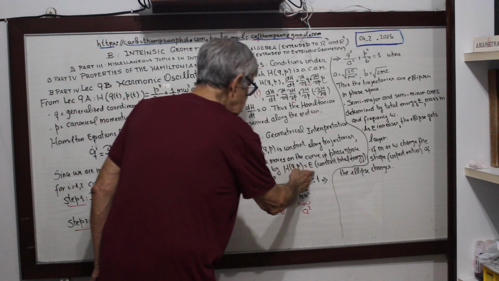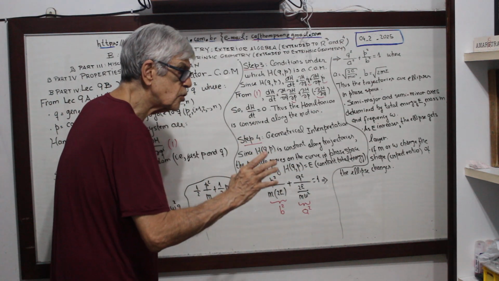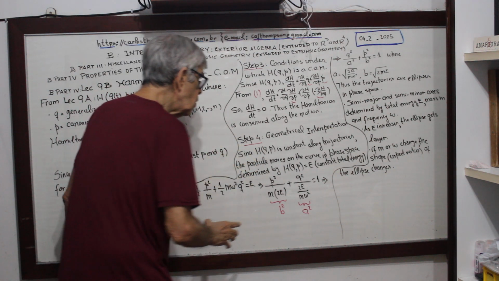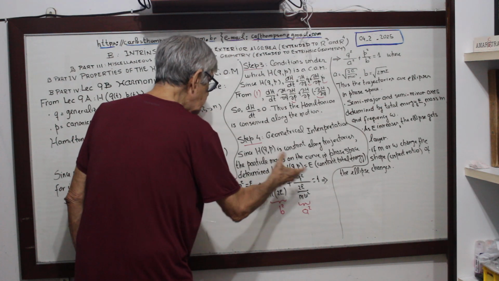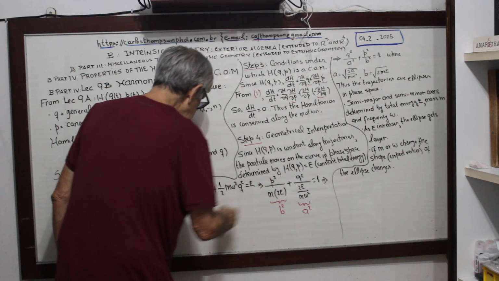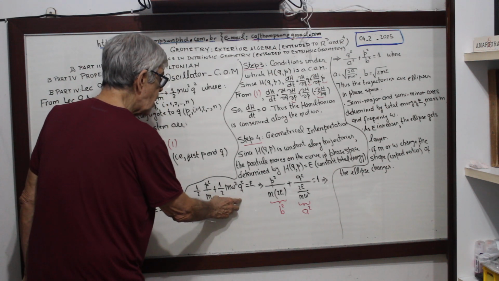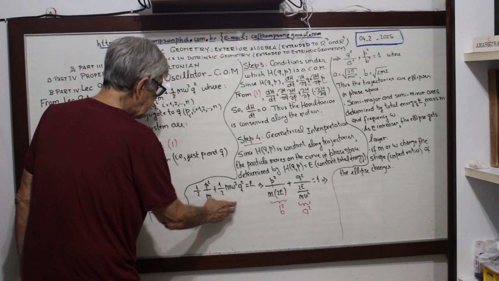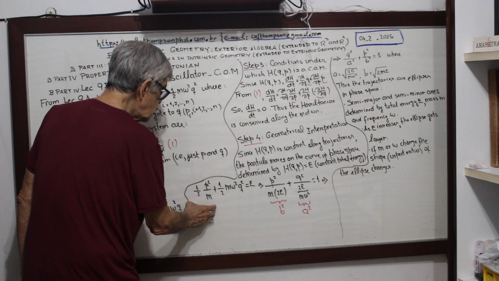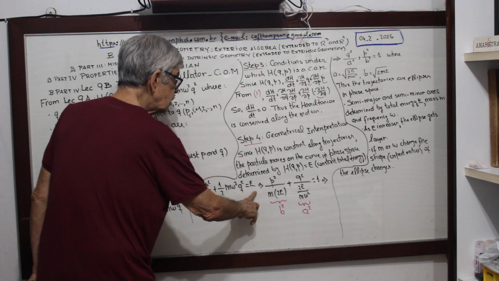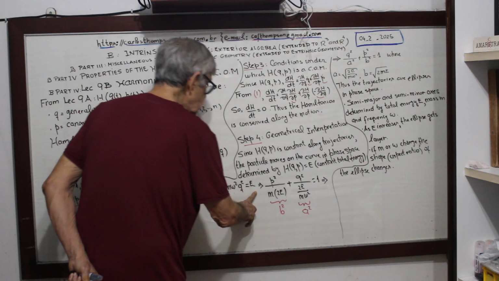Kinetic energy plus potential energy is constant. So I can substitute and plug in this sum over here, which is quite clear: this is kinetic energy, this is potential energy, equal to the total energy.